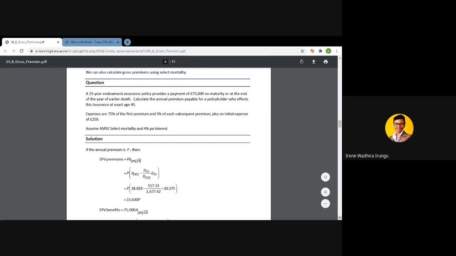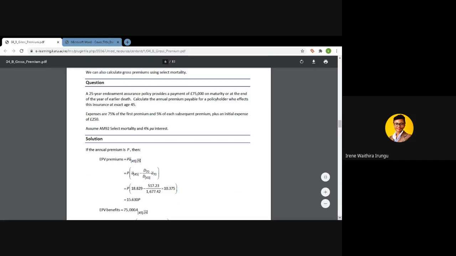So if we consider this question, we have a 25-year endowment assurance policy that provides a payment of 75,000 on maturity or at the end of the year of earlier death. Calculate the annual premium payable for a policyholder who effects this insurance at exact age 45.